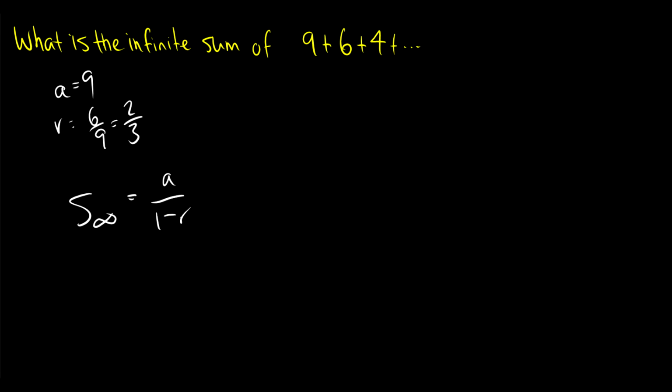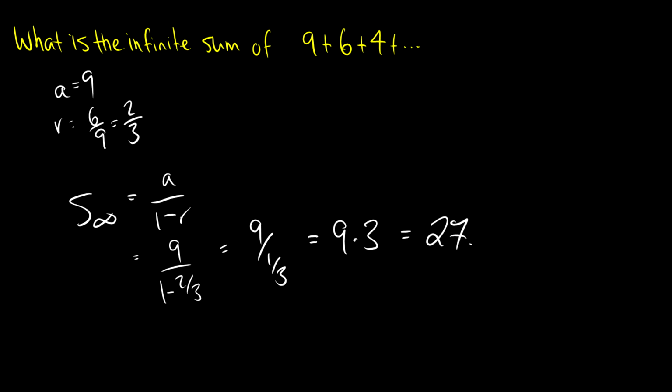So we have 9 over 1 minus 2/3, which is 9 over 1/3, which is just 9 times 3, which is equal to 27. So the infinite sum of this is just 27. And we can graph the same thing if we want.